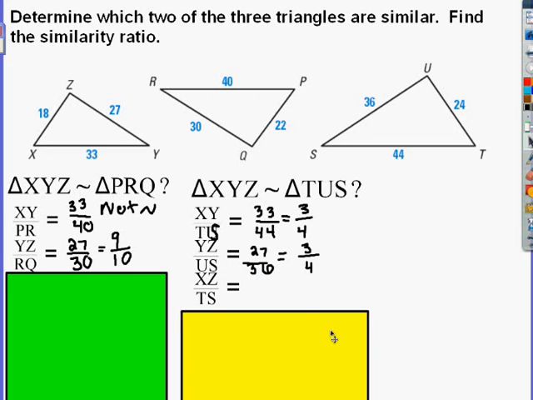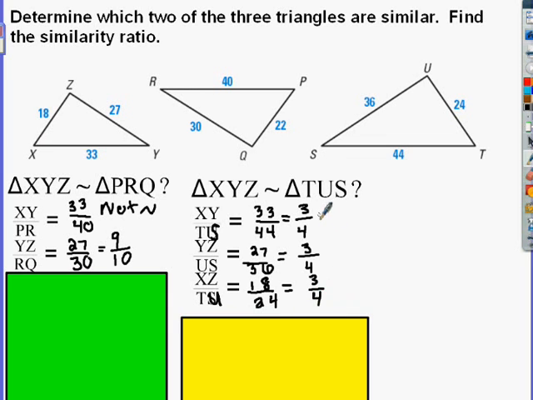We have to check the last set of ratios. So XZ, the smallest side, and then this should be TU. Alright, is XZ, that's 18, over 24, which, what goes into both? It looks like 6. 18 divided by 6 would be 3. 24 divided by 6 is 4.